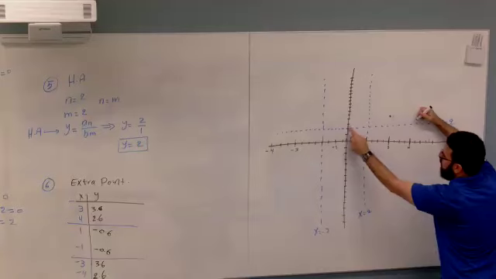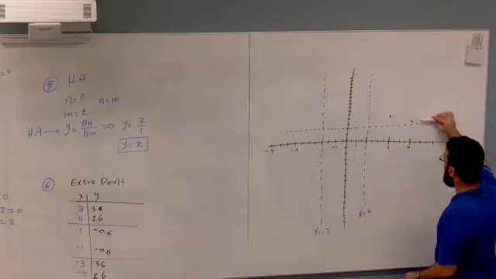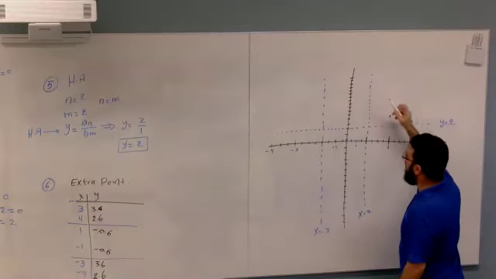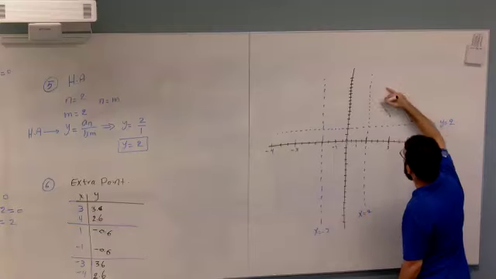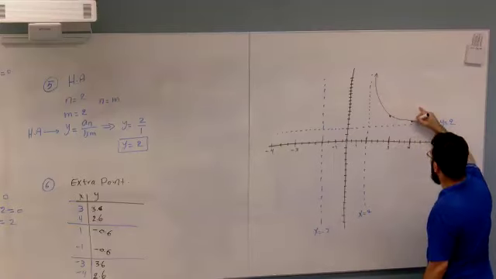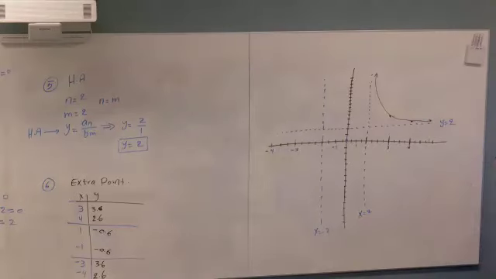So here's 1, 2, 2.6 is going to be here. Check how the graph looks. The graph is going like this and going up, never crossing the vertical line. So from here going up through these two points, and keep going like this. That's the first part.